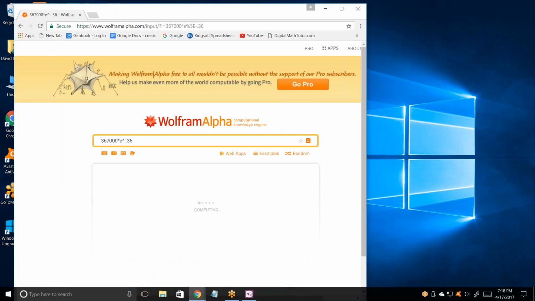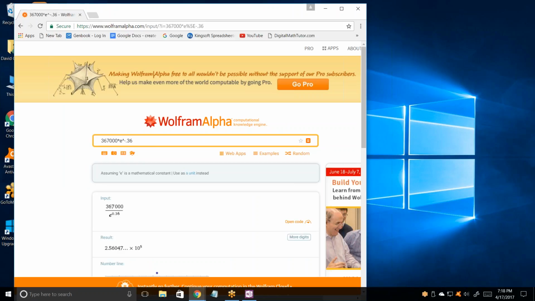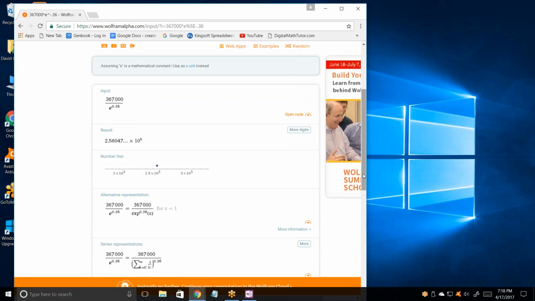Not only will it give me the answer, but it'll tell me what I put in. And notice that's exactly what I put in. E to the minus 0.36 is the same as 1 over E to the 0.36.